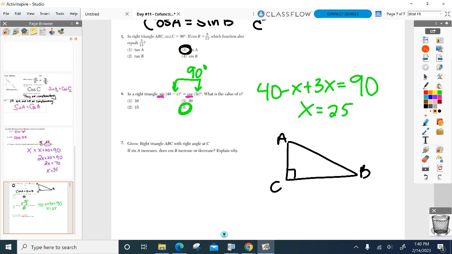Not the angle, the sine of the angle. Let's make sure I'm not increasing angle A. I'm just increasing the sine of the angle. So the opposite over hypotenuse is getting bigger. What happens to the cosine of B then?